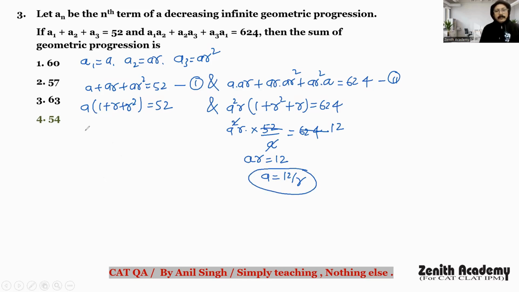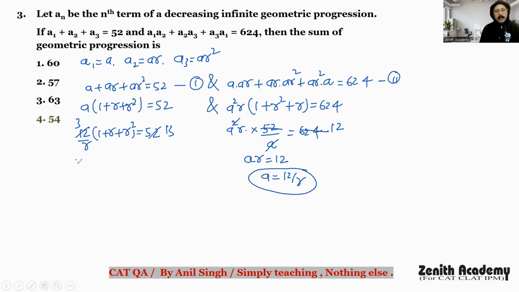Put this value here. So 12 upon R is equal to 1 plus R square is equal to 52. So 4 3s are, and it is 13.